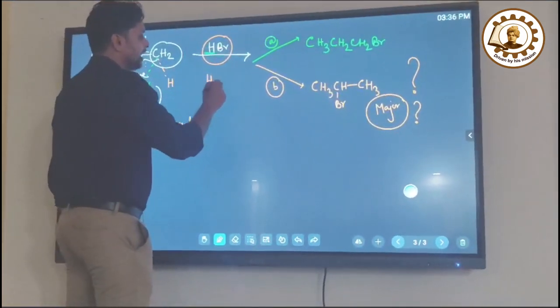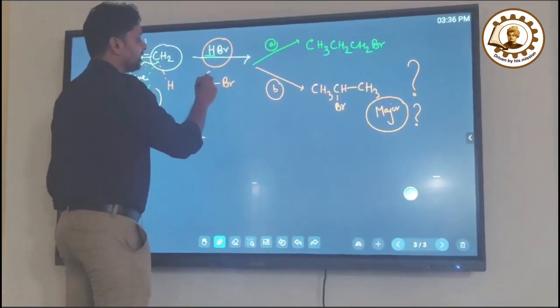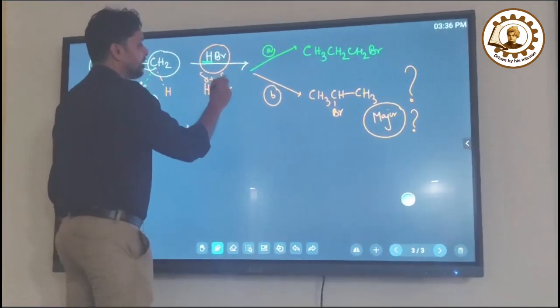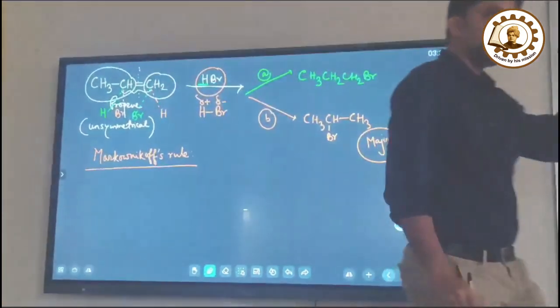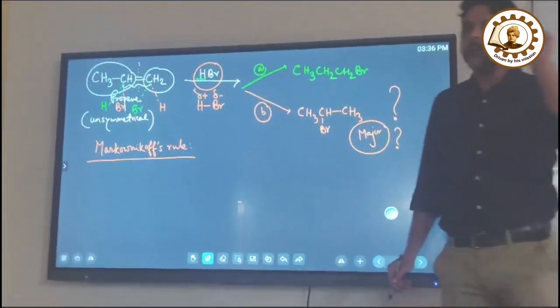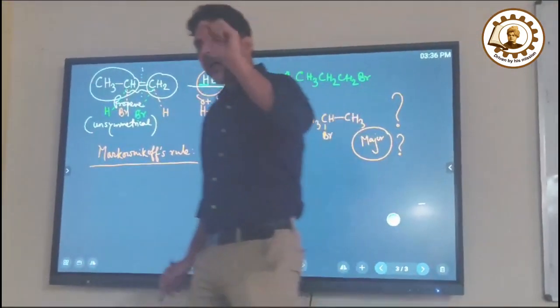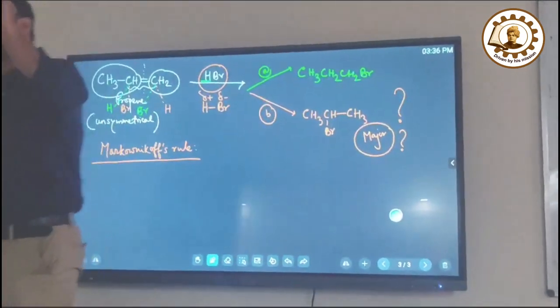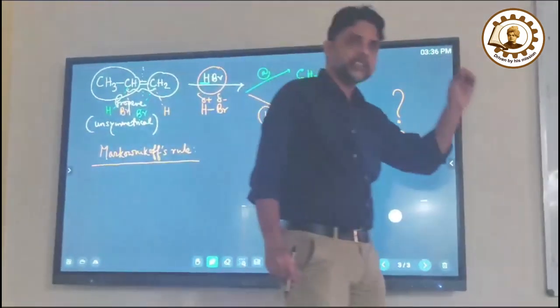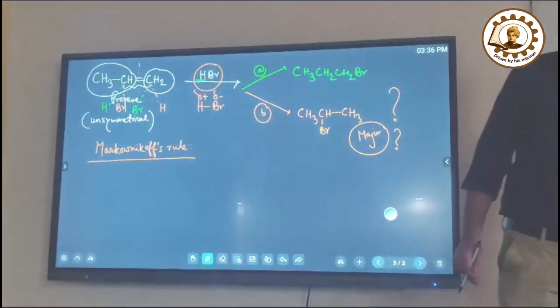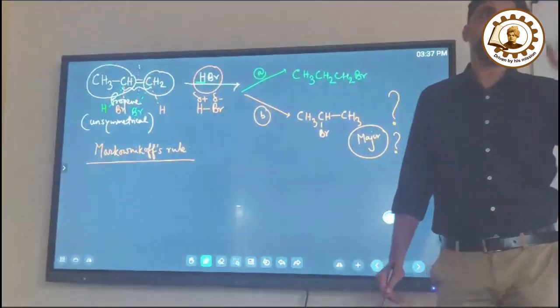We know here H is positively charged and Br is negatively charged. Markovnikov's rule says the negative part of the reagent will be added to that carbon having the lesser number of hydrogen atoms.